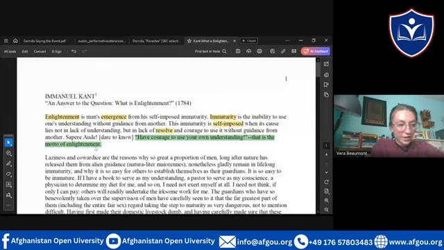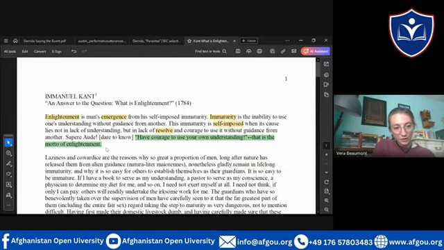So the dictionary defines enlightenment as, let's look here, to have intellectual or spiritual knowledge. And the whole point of his essay is to explain and to answer what is enlightenment, which I believe someone found at the end of the paragraph, which is to have courage to use your own understanding.